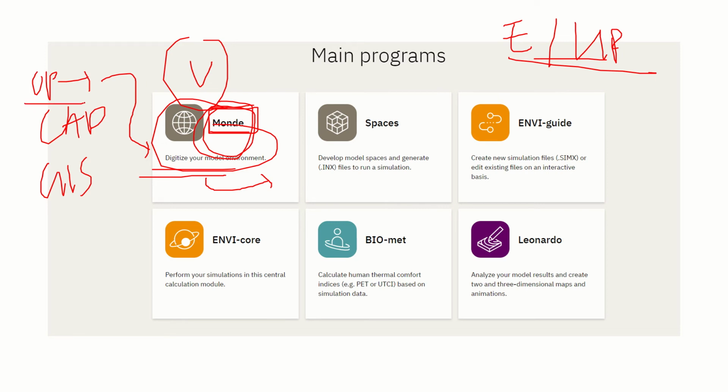We can take the GIS file, bring it to the ENVI-met software, and then convert that already digitized part into INX files or grid files, which can be used in the ENVI-met software. Okay, so this is one part, but we are not seeing it today. The second part which is important is the space where we actually model it.